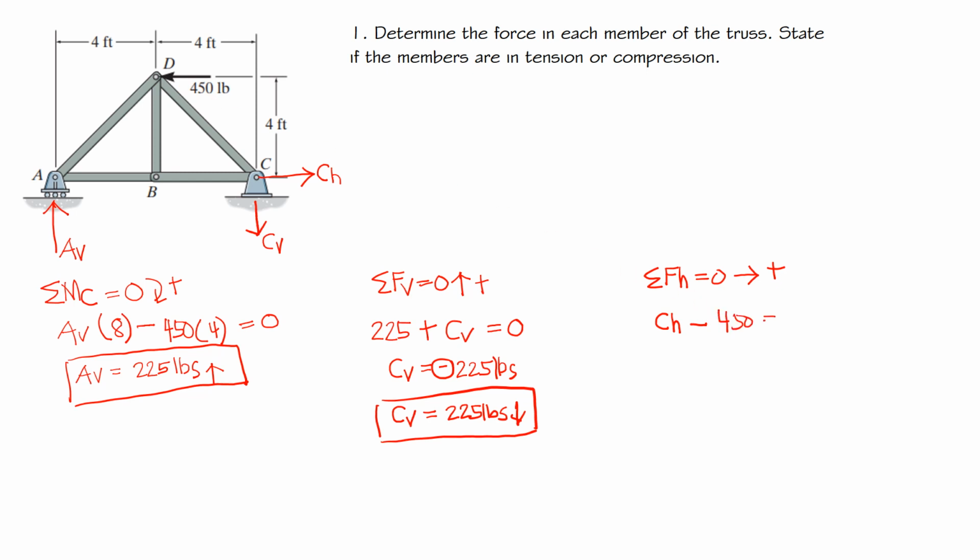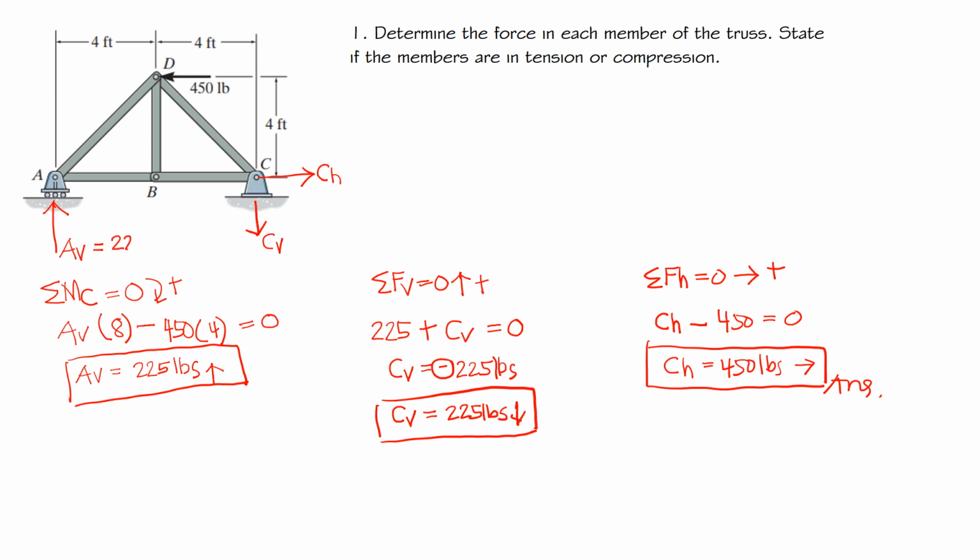Because it's going to the left, is equal to 0. CH is equal to 450 pounds going to the right, and our assumption of the direction is correct. Okay, so these are now the reactions of the system.